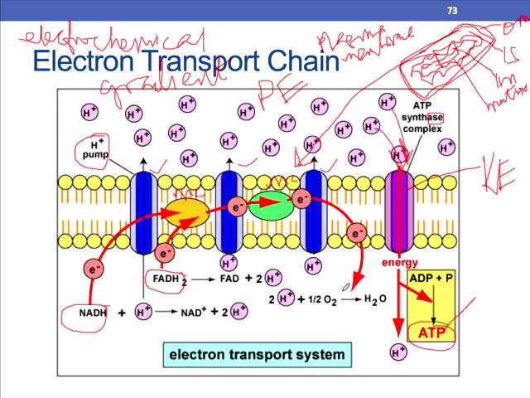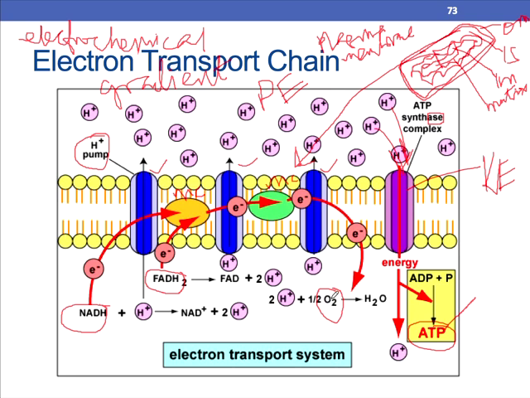And in aerobic organisms, for aerobic respiration, they end up being accepted by oxygen. So we say oxygen is the final electron acceptor. So the oxygen that we breathe in ends up accepting these electrons.